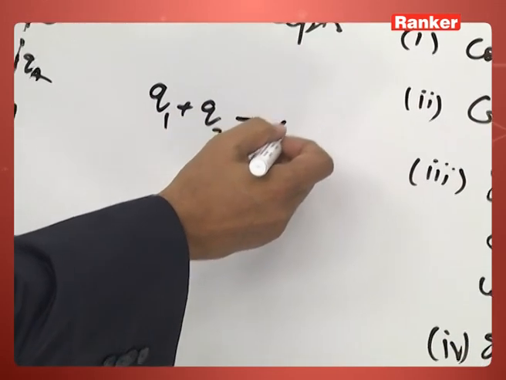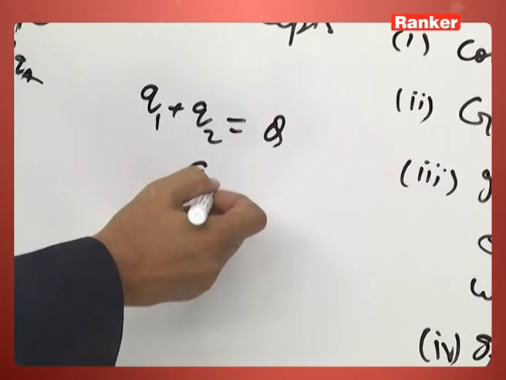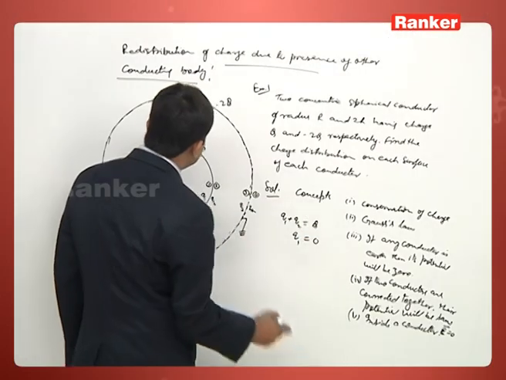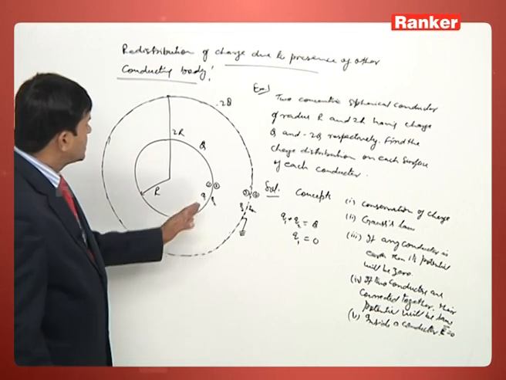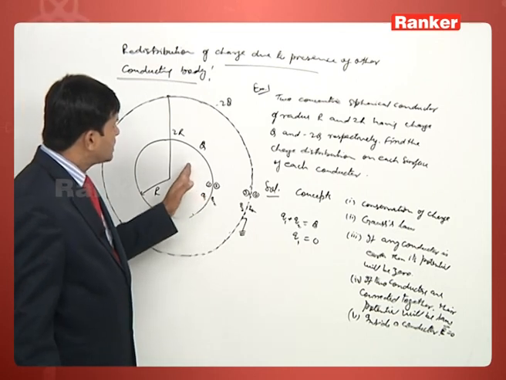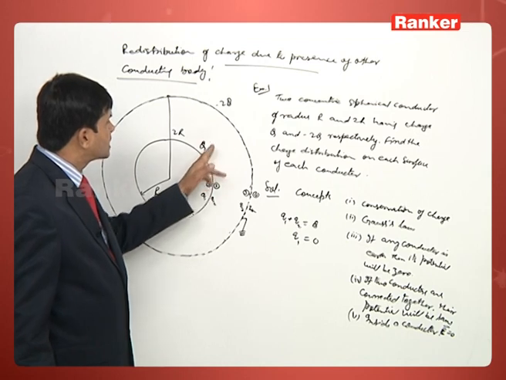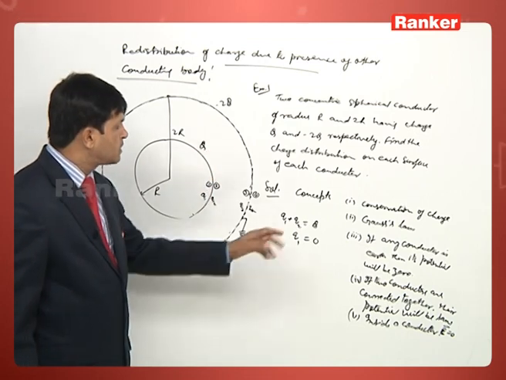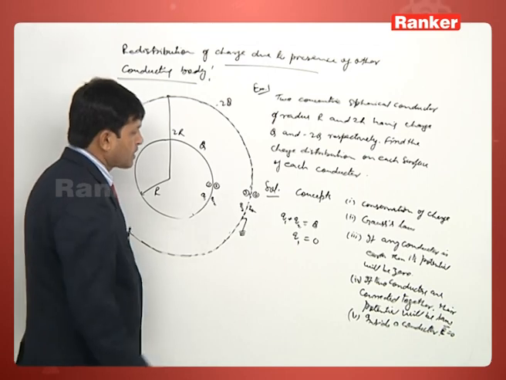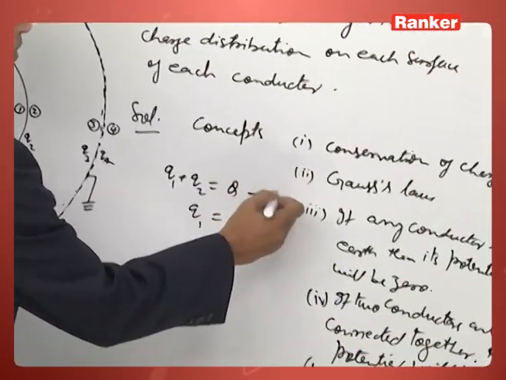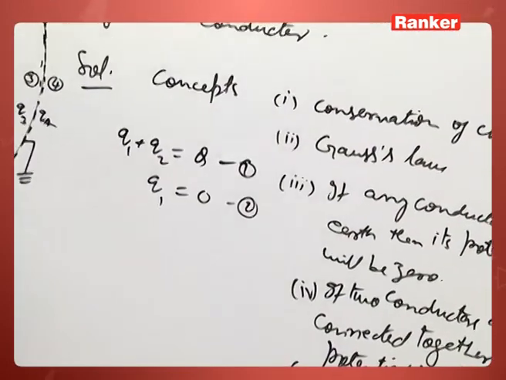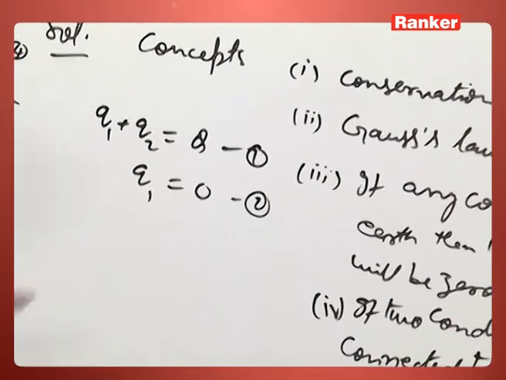Q1 plus Q2 is equal to Q. As I told you, Q1 means point 1 is the innermost point. So the electric field at the innermost point due to charge Q1 minus 2Q will be 0. So Q1 will be 0. Now this is your first equation, this is your second, and the third equation again by Gauss law.